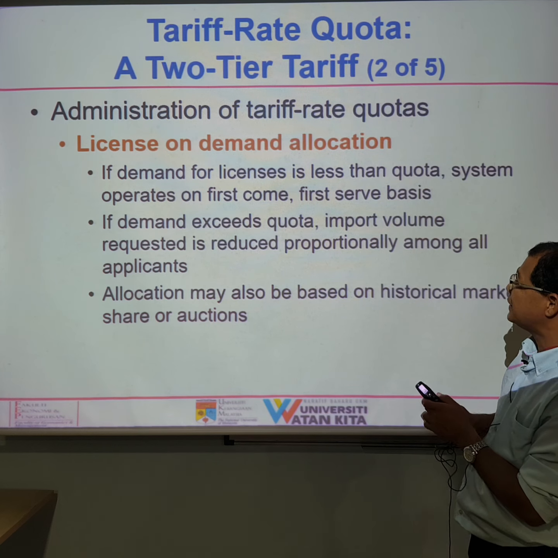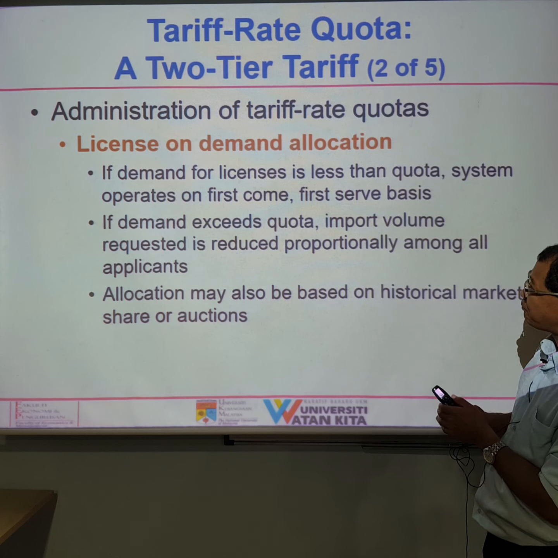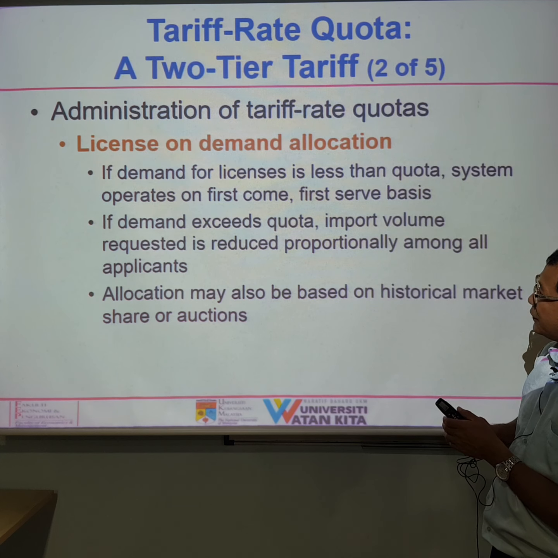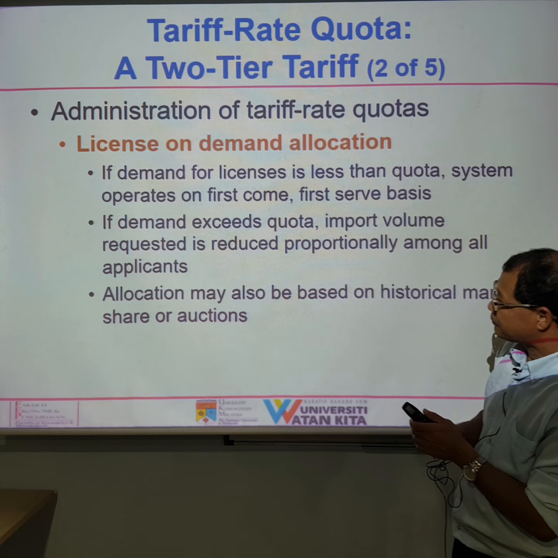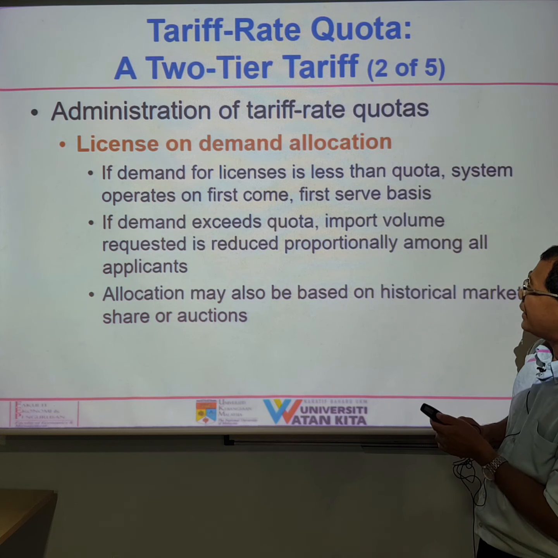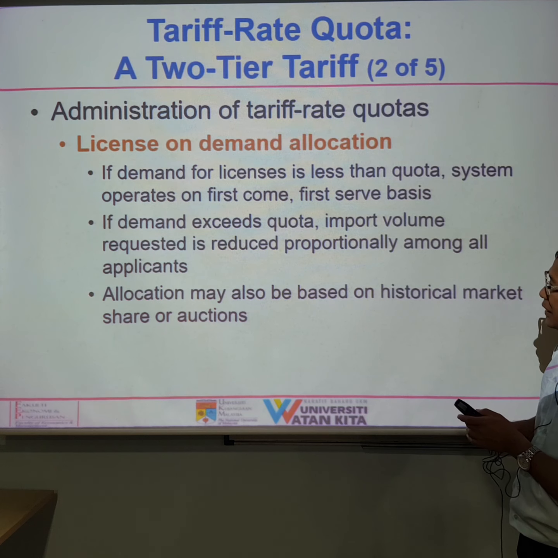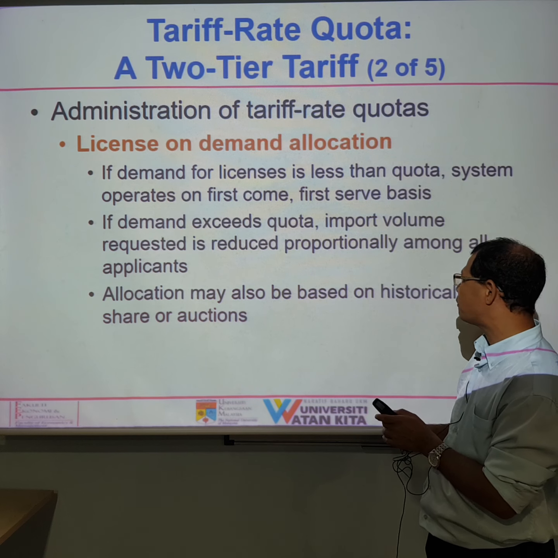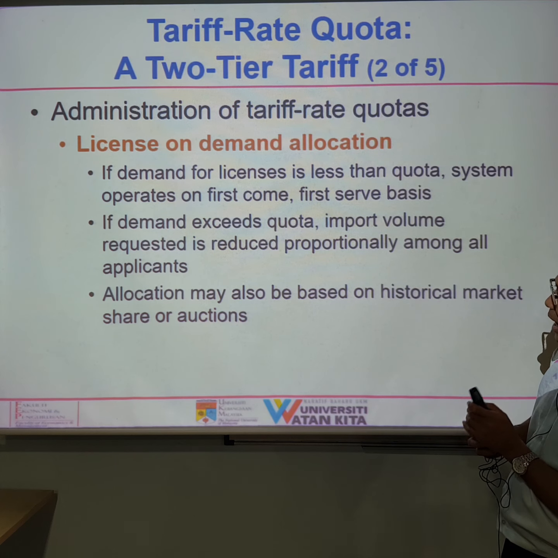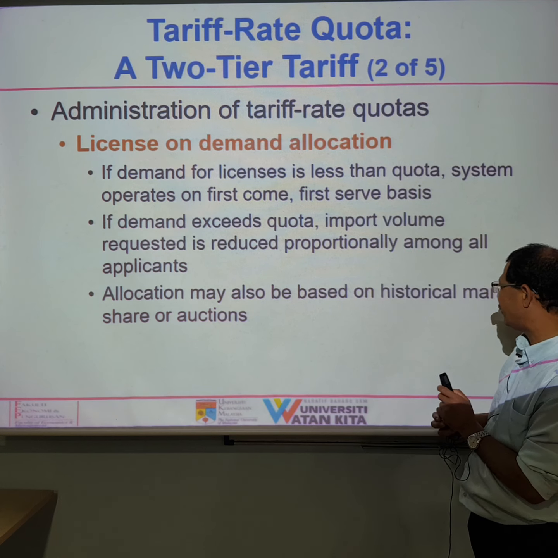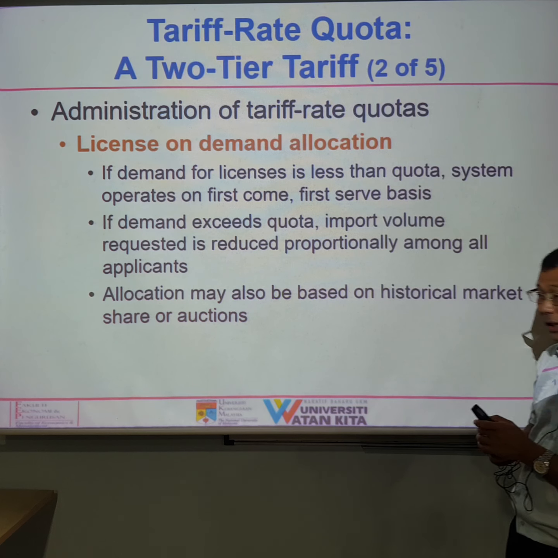If demand for licenses is less than the quota, the system operates on a first come, first served basis. If demand exceeds the quota, import volume requested is reduced proportionally among all applicants. Allocation may also be based on historical market share or auctions.